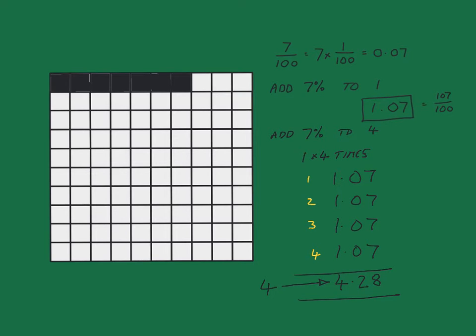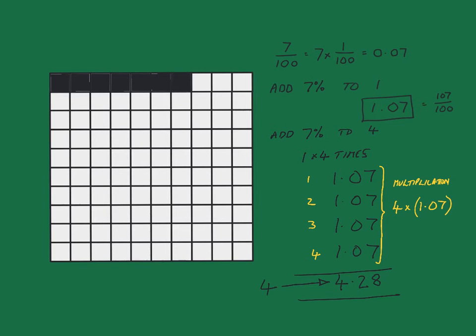But you know what repeated addition is called. What's it called? It's called multiplication. So this is like having 4 times 1.07.